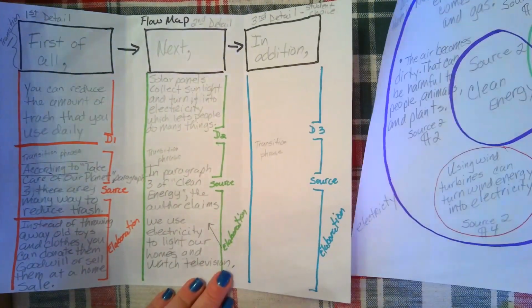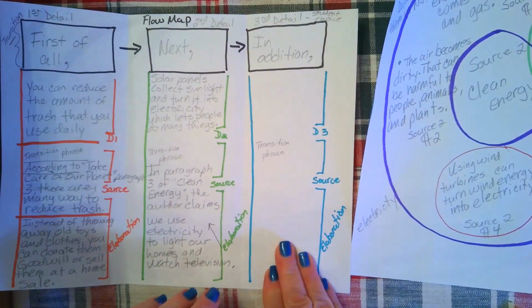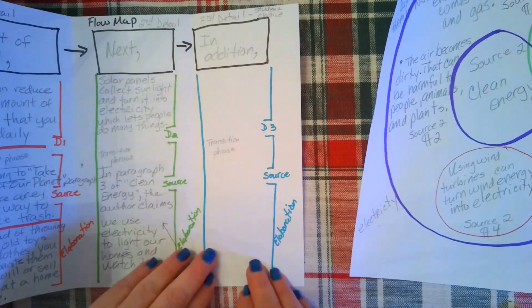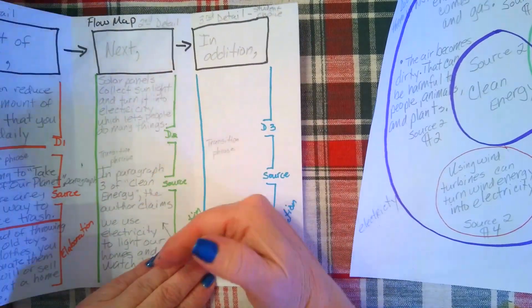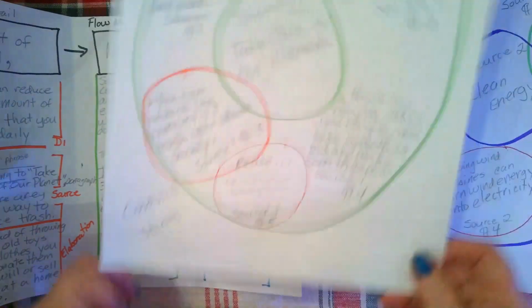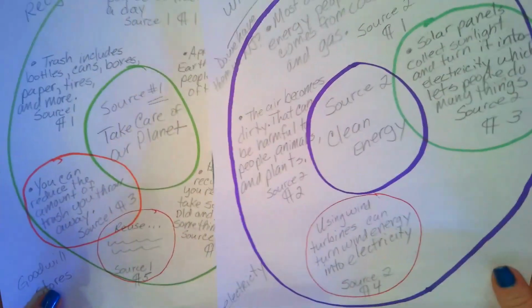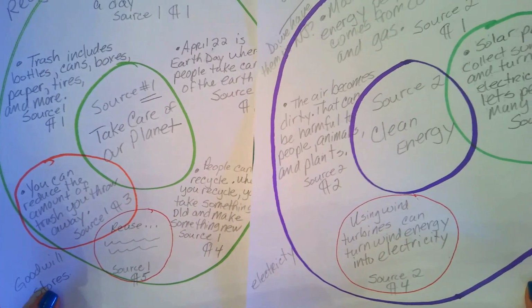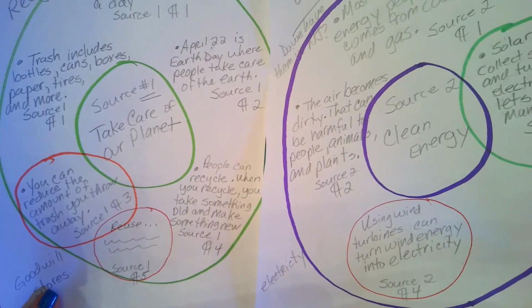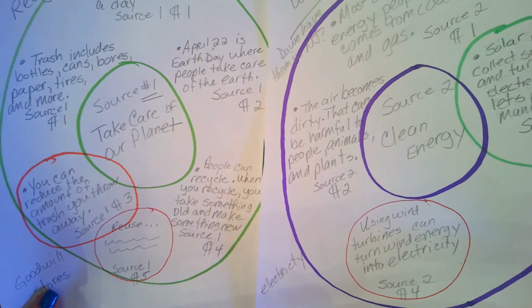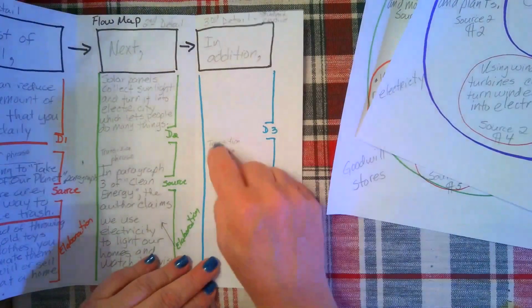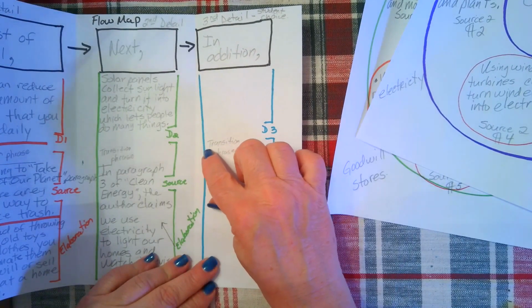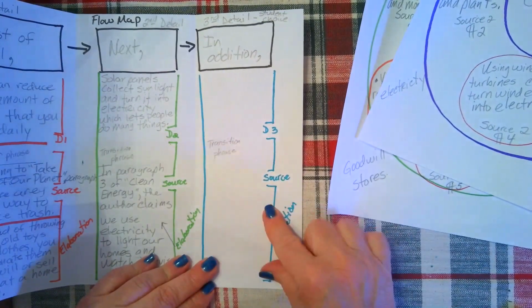And then the blue section is where the next formative assessment comes in, where they're going to have to actually write this on their own, choosing and highlighting or circling in blue whichever detail they want to use next. And they have to use the transition phrase, the source, and the elaboration sentence.